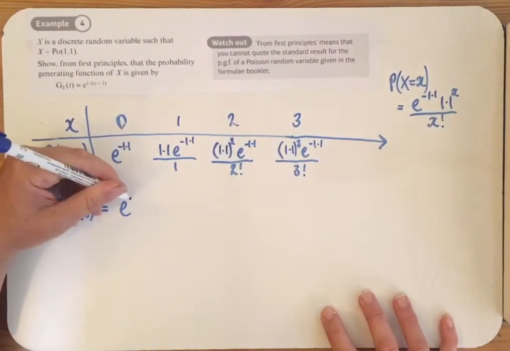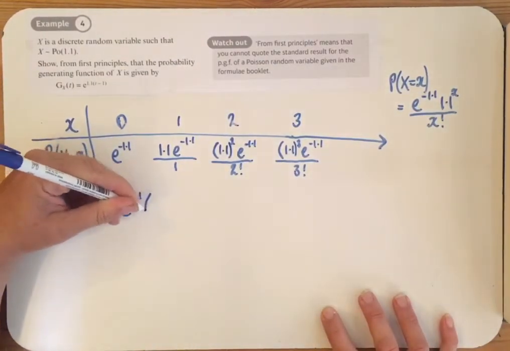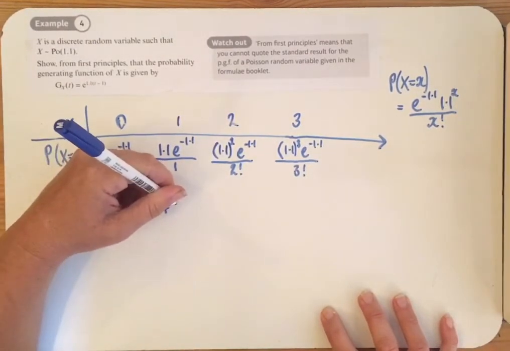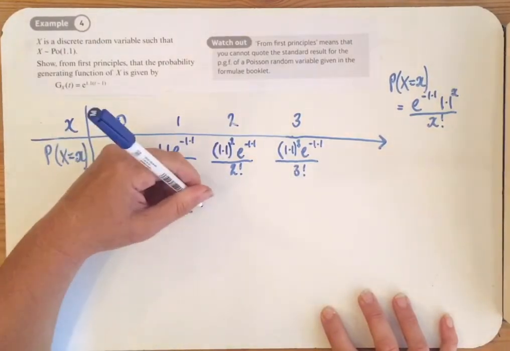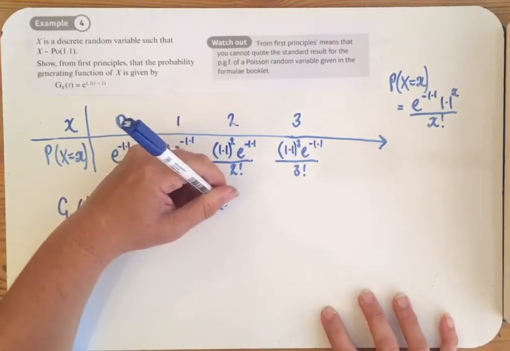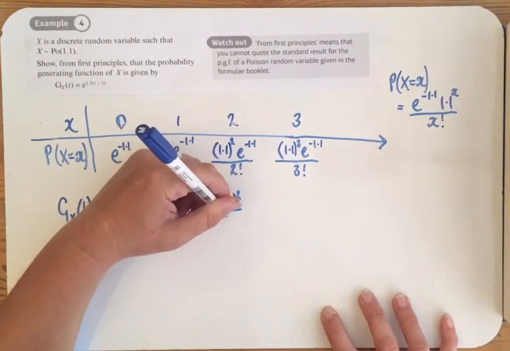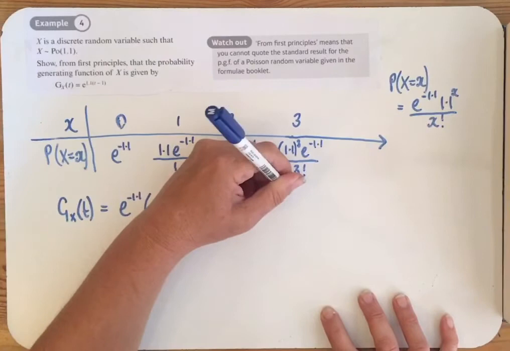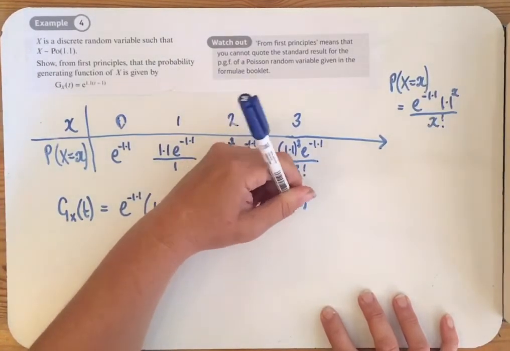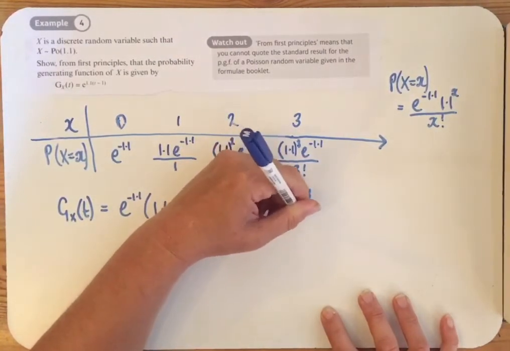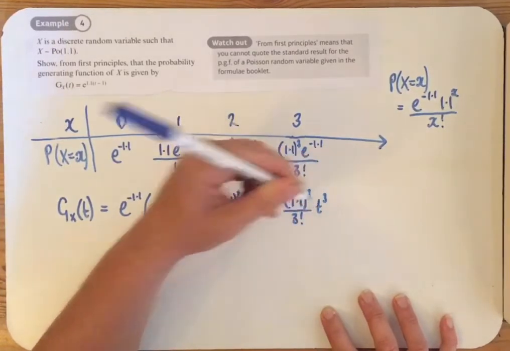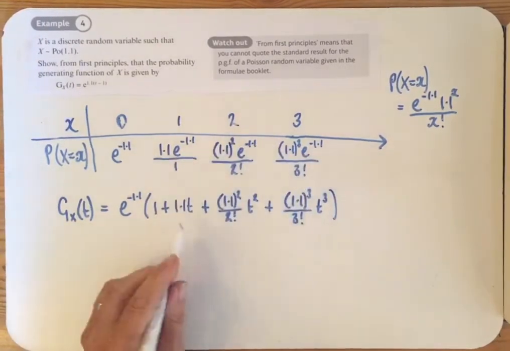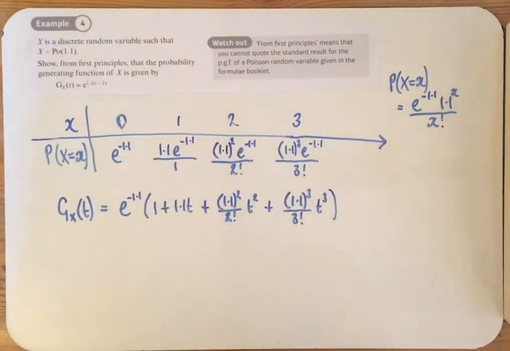So it's e to the negative 1.1, and then 1 plus 1.1t plus 1.1 squared over 2 factorial t squared plus 1.1 cubed over 3 factorial t cubed. So you can quite clearly see those t's acting as place values through.